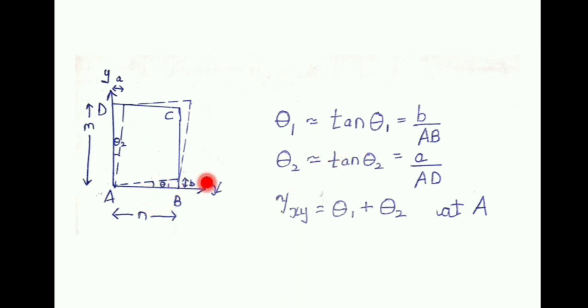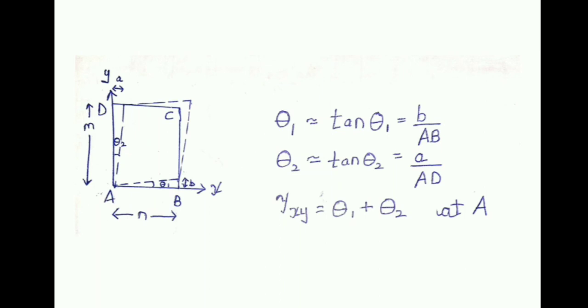So tan theta, see the triangle, b upon ab. And here it is a upon ad. So we found theta 1 and theta 2 just using these two triangles. Obviously, now what is my shear strain? The total change. At point A I need to find the shear strain. One thing is changing, the other thing is changing.